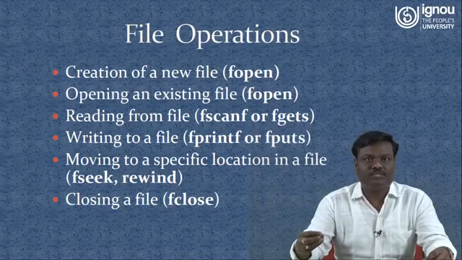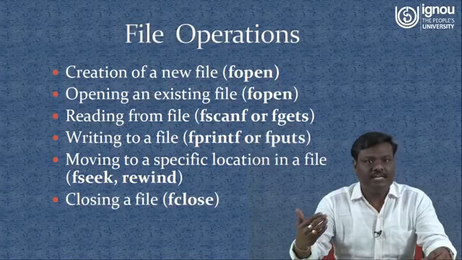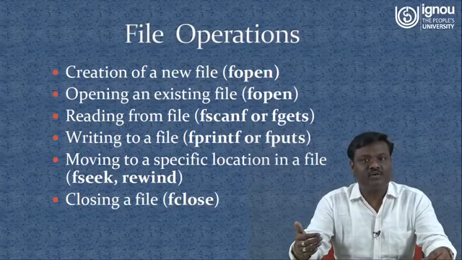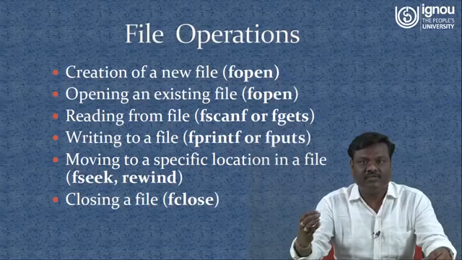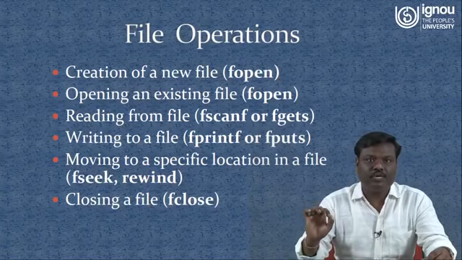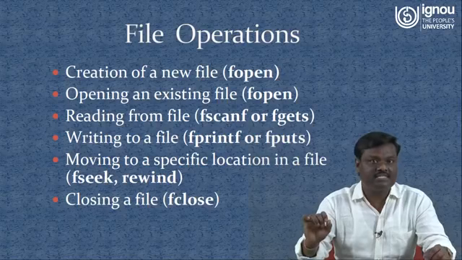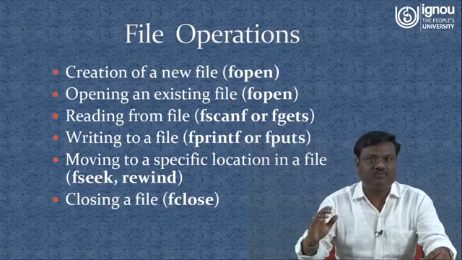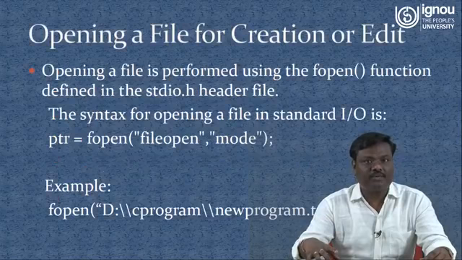So all these file operations are possible. Then reading from a file, writing to a file, moving to a specific location in a file, that is we want to hit some point or else location in an existing file, that is also possible, and then closing a file. So all these file operations are possible during our programming.